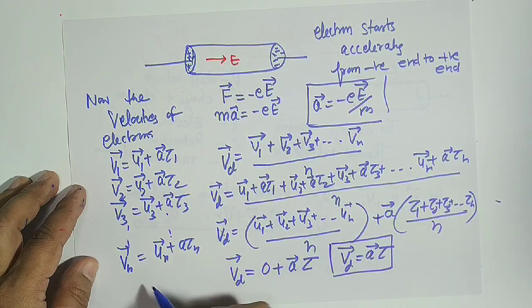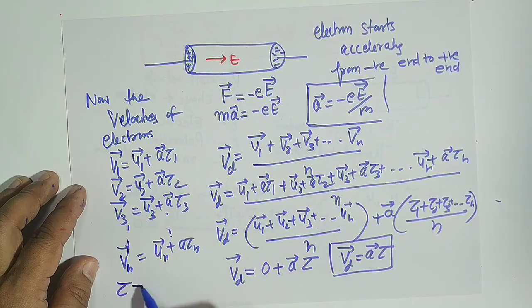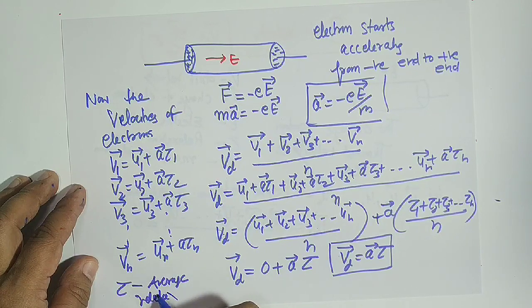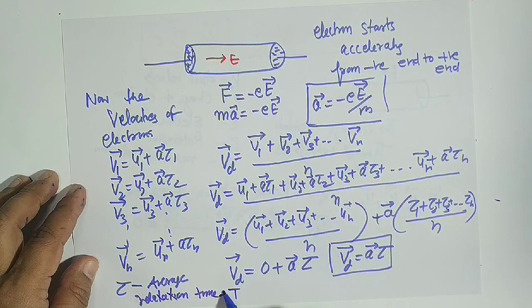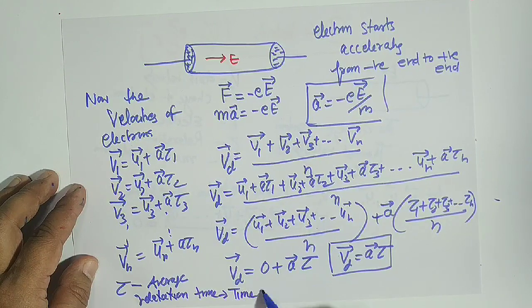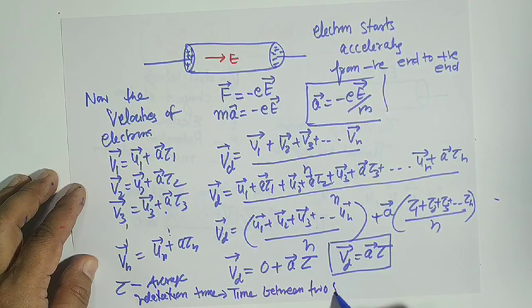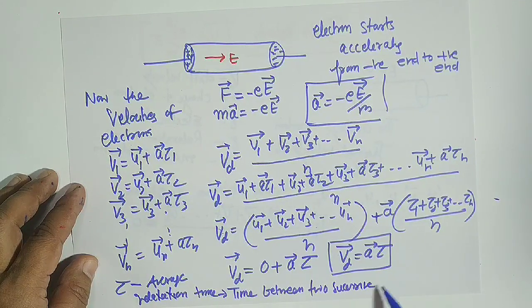What is tau here? Tau is actually the average relaxation time, that is, the average time between two successive collisions.